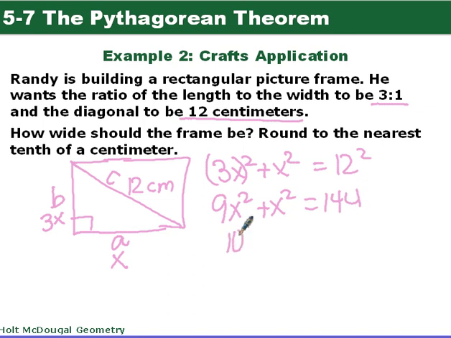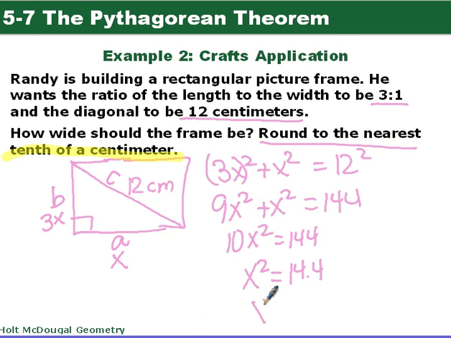So we get 10x squared equals 144. Divide by 10 on both sides, 14.4. In this case, you want to round to the nearest tenth of a centimeter. So x is going to be about, so put 14.4 in the calculator, square root it, and you're going to get x is about 3.8.